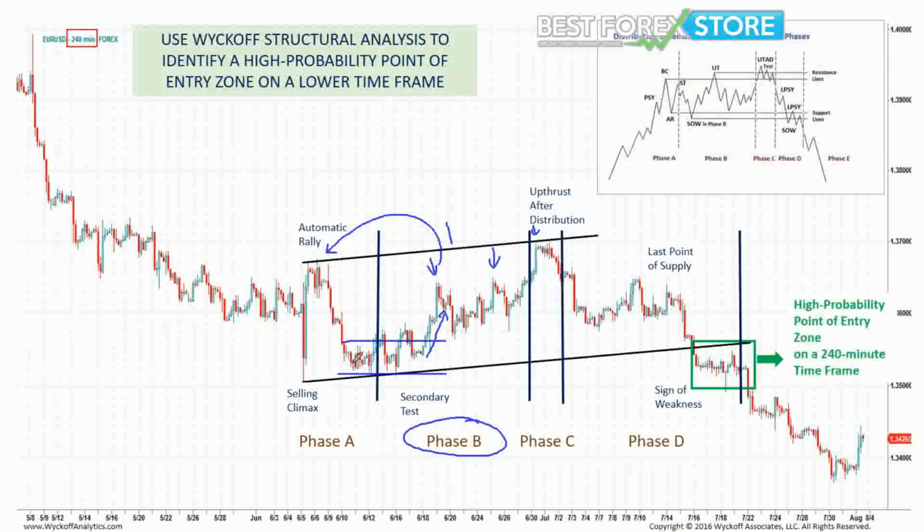So therefore, we're also combining that with the idea that there is a smaller structure right here, and we might label that structure. So this seems like a change of character bar. So phase A, then B, phase C, sign of strength, and LPS.